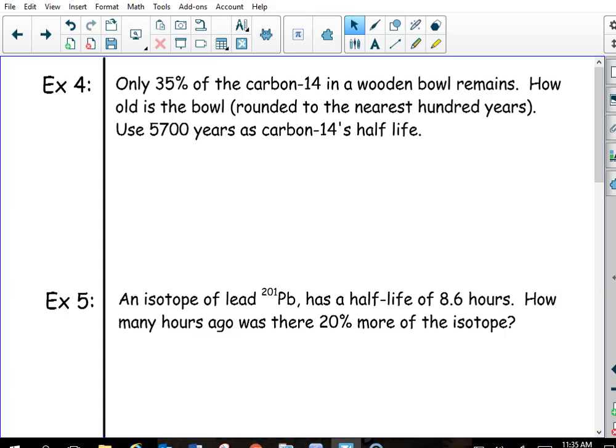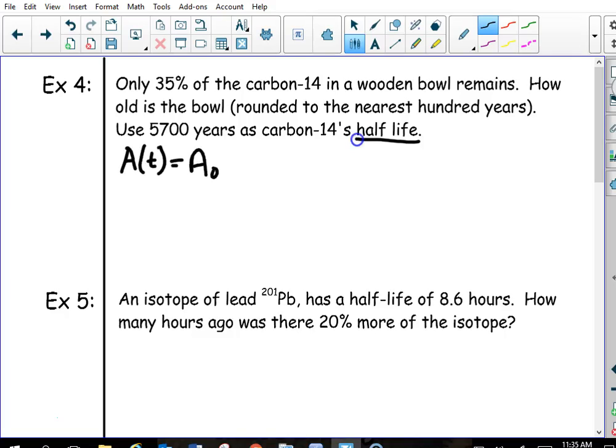All right, so this is a carbon-14 problem. The first thing we have to do is take the half-life idea and figure out what k is, because we're working with A equals A sub 0 e to the kt.